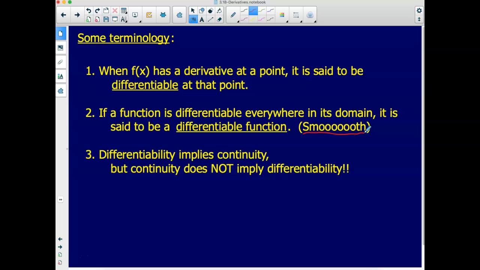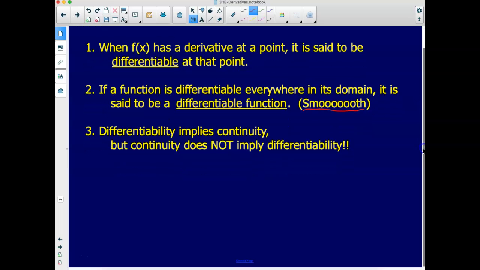This last one is super important. Differentiability implies continuity. If a function is differentiable, the function is continuous. However, the flip side is not true. Just because a function is continuous does not mean it is differentiable. We just proved that twice today.